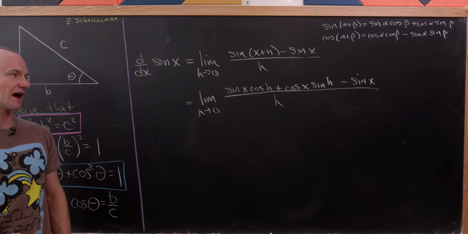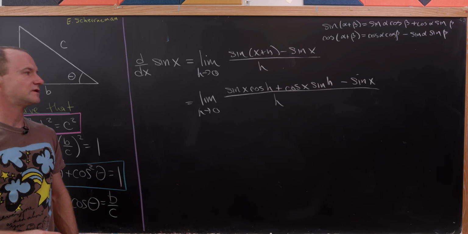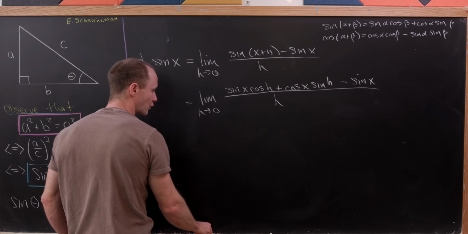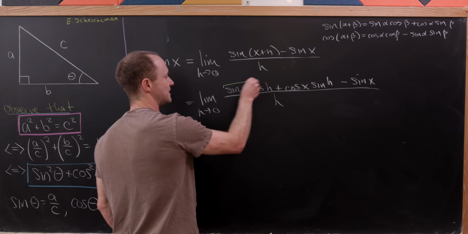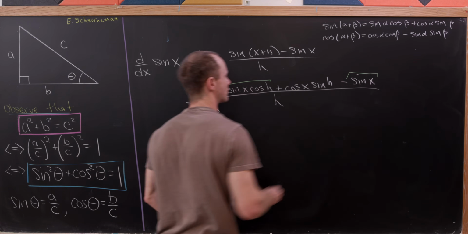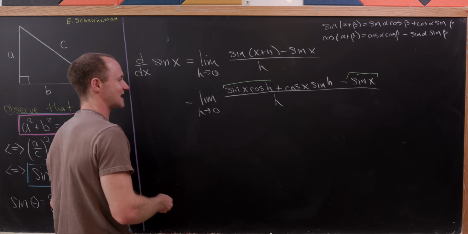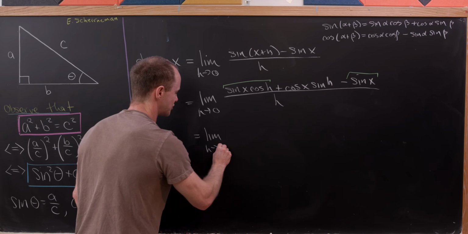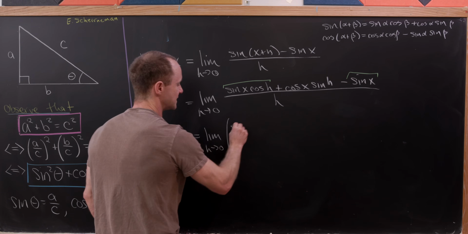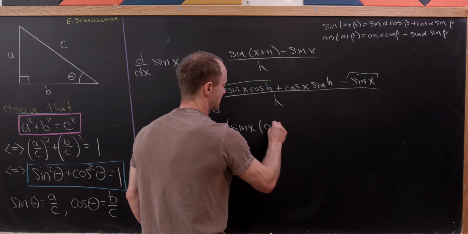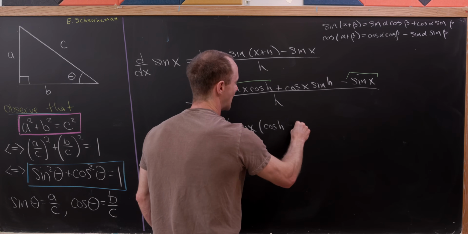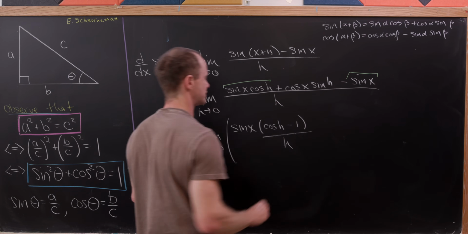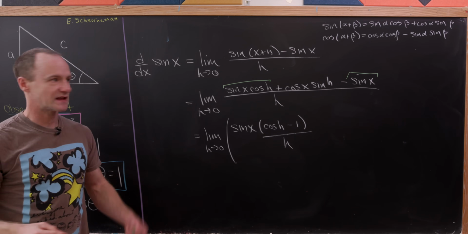So we've got something like that going on. Now I'll do a little bit of grouping here. Let's group these two that I'm overlining in green and factor the sine of x out. So that's going to give us the limit as h goes to 0 of sine of x times the cosine of h minus 1 over h. So that's what we get after factoring that sine out.